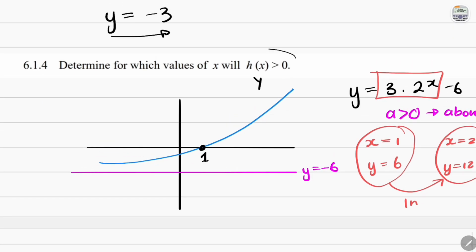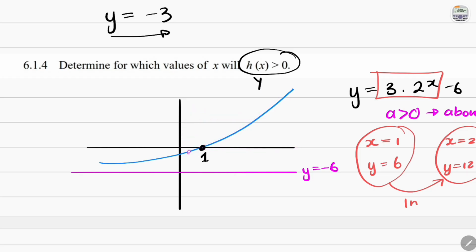The question is, where will the y values be greater than 0? So you see, this is where y is equal to 0. And then look at these values over here. What are the y values here? If you map them to the y-axis, these are all y values that are greater than 0, because this is where y is equal to 0.